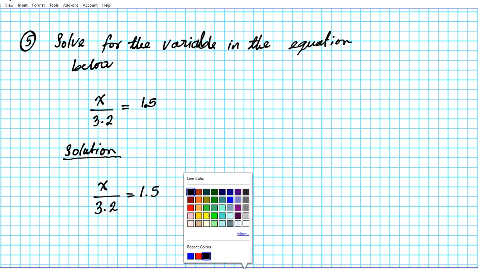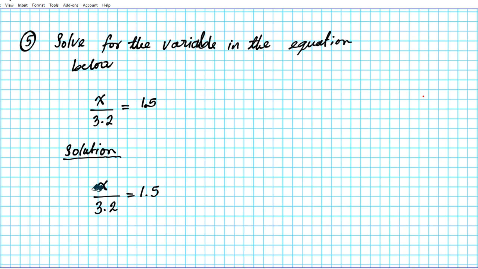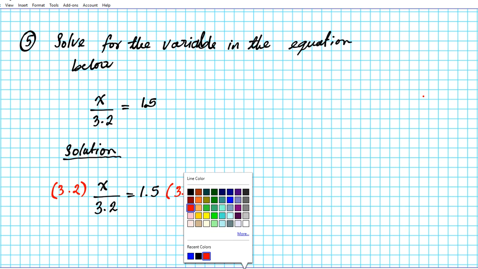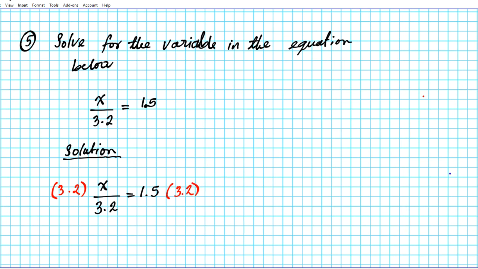The inverse of divide is to multiply. So what we're going to do is multiply both sides of the equation by 3.2 to undo this divided by 3.2 associated with the x on the left side of the equation. Okay? So what happens? On the left side, 3.2 goes into itself once.